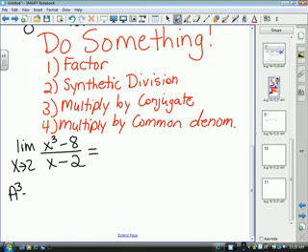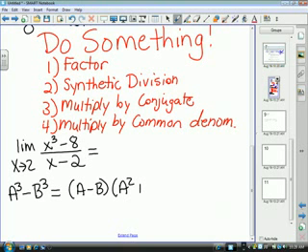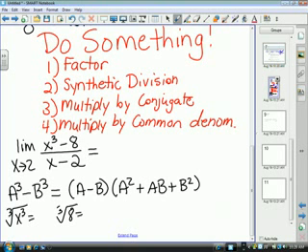And this is the difference of two cubes. We did this last year. It's a minus b times a squared plus ab plus b squared, right? And what happens is, if you take the cube root of x cubed and the cube root of 8, that tells you what to substitute into the formula.